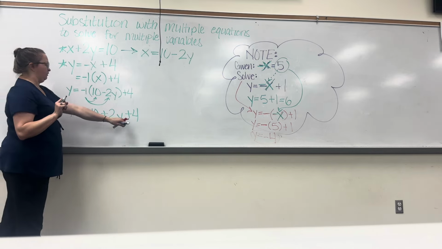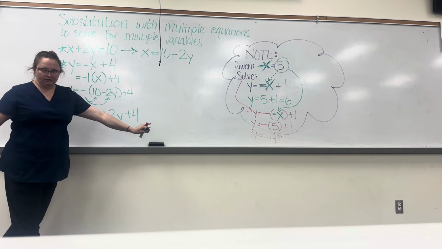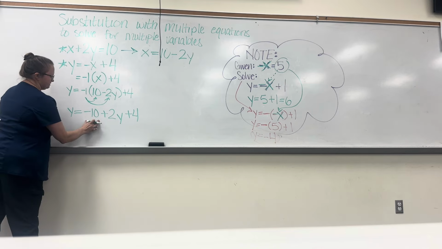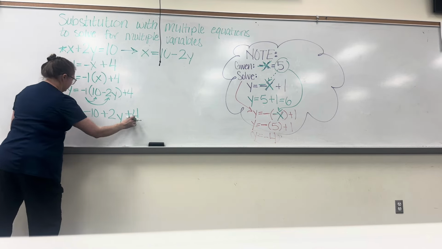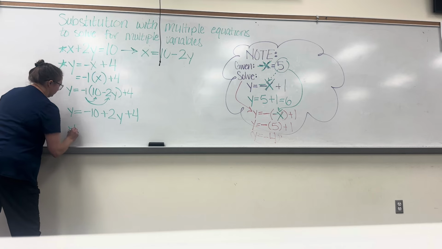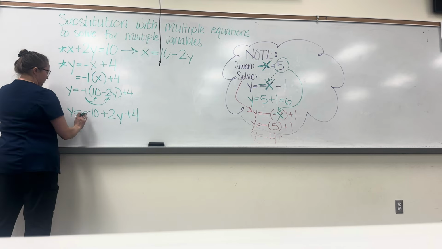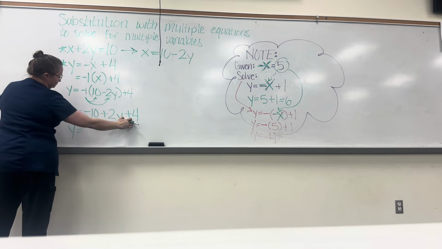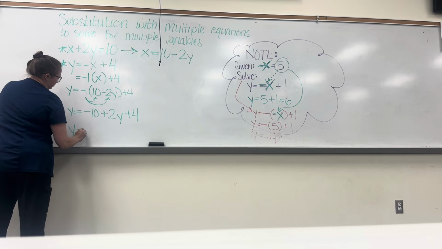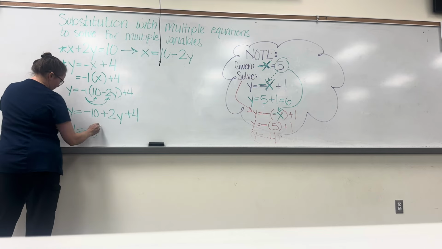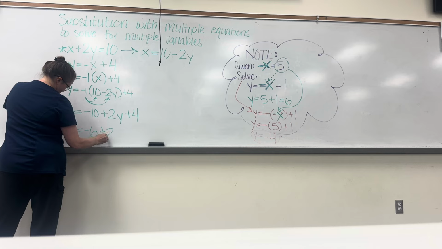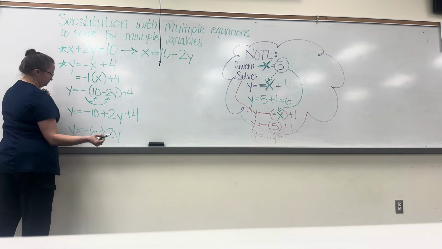All right, now, combining like terms, this is a constant and this is a constant. Y equals negative 10 plus 4 is going to give you negative 6 plus 2y, okay?